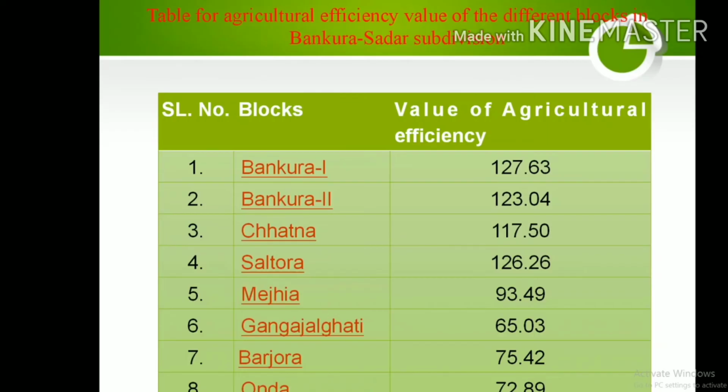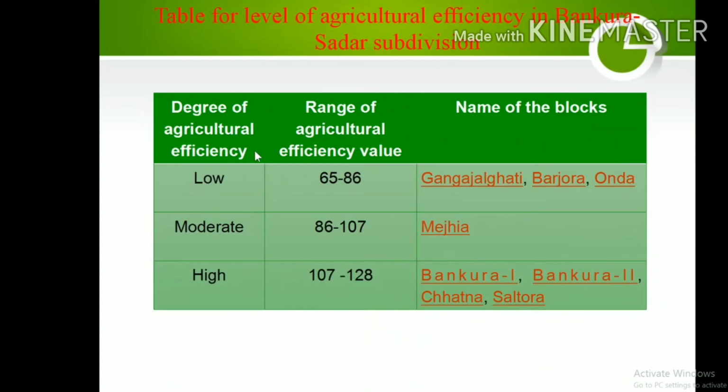When you group into 3 categories, you get a range of 21. So, this table shows 3 categories regarding the degree of agricultural efficiency: one is low, two is moderate, three is high. The lowest value among all the blocks is 65, and the range is 21.